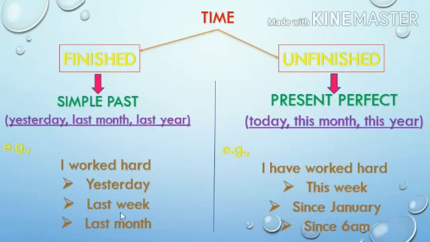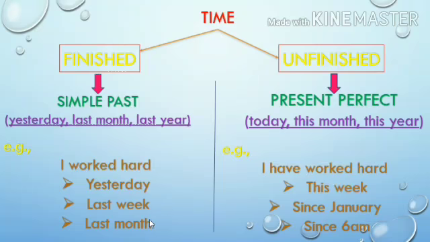It is also a finished time, because last week is already over. It's finished. Or I could say I worked hard last month, right? These are all correct because we are using the simple past and we are using a finished time with them. Yesterday, last week, last month, these are finished time.